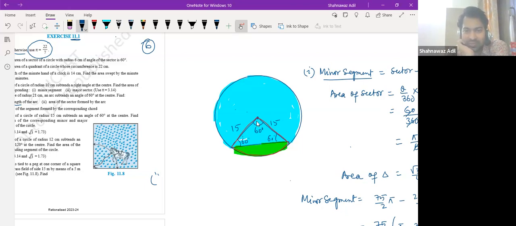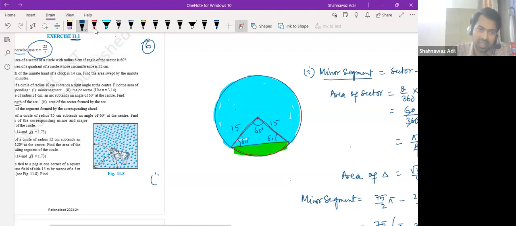So Sir, minor segment plus the area of the triangle. Area of the circle minus the minor sector. Again, think about it. Minor segment. Now you are absolutely right.